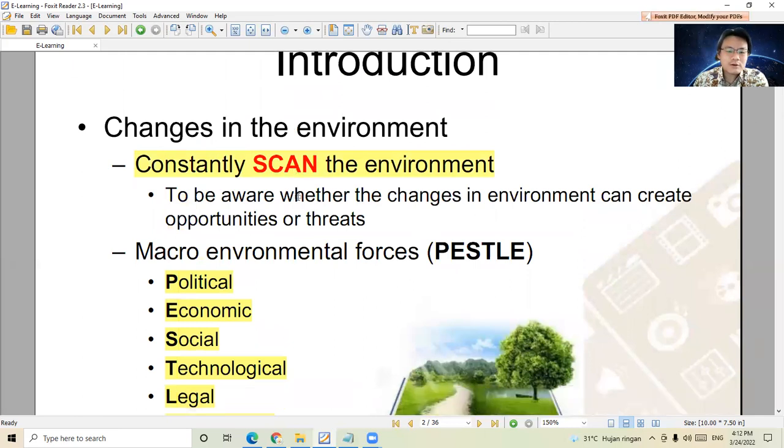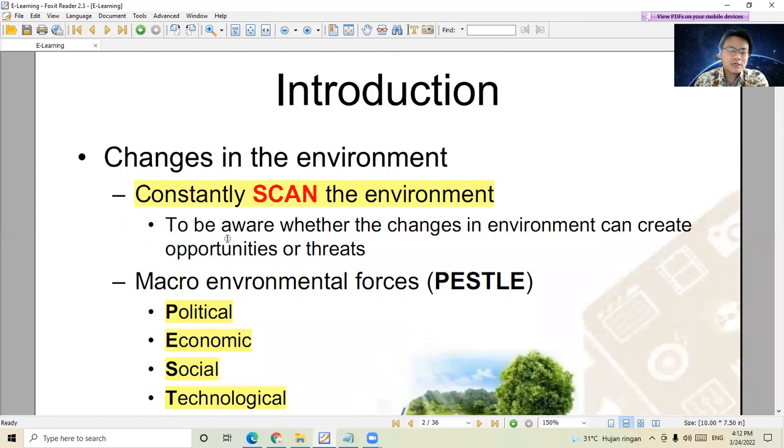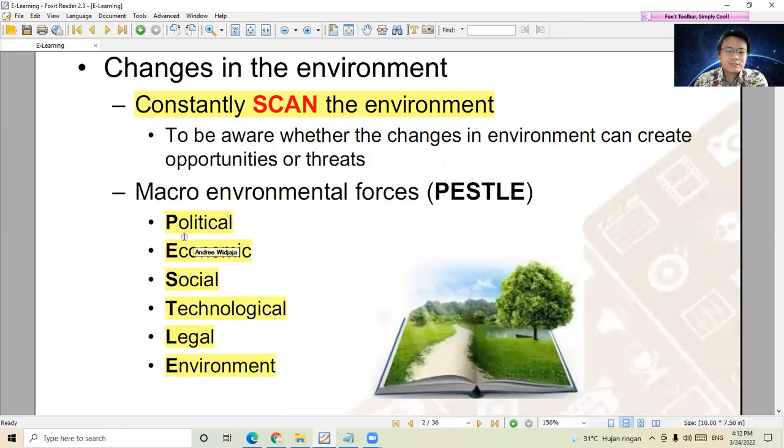We have to be aware whether there are any changes in the environment and whether those changes can create opportunities or threats. I would say it's the utmost important thing that the digital marketer should do, because we cannot just close our eyes and hide from the environment, because there is always something happening in the environment, whether it's in political, economics, and so on and so forth.